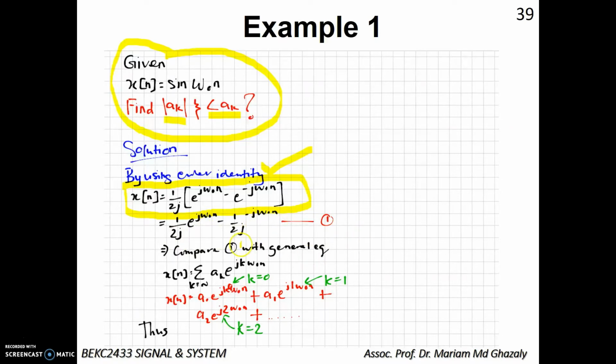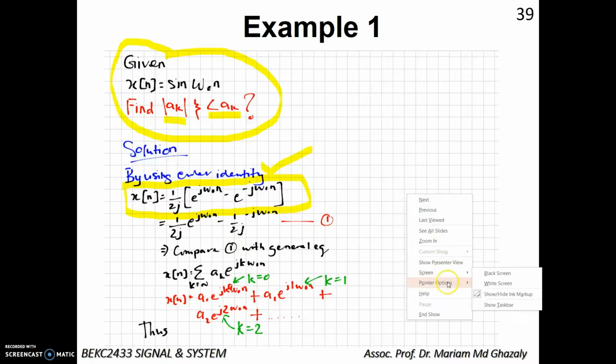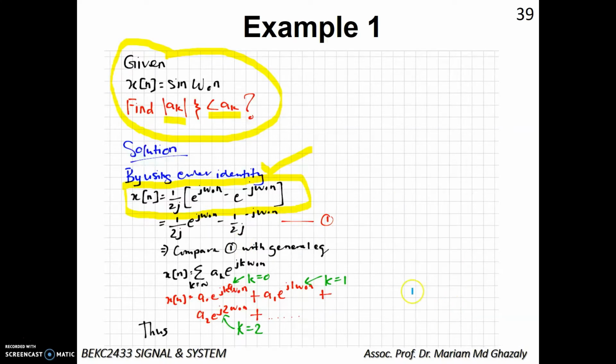Now you need to compare equation 1 with the general equation. So the general equation is given by x[n] equal to the summation over k of a_k e^{j k omega n}. So if you see here, try expanding this general equation x[n].